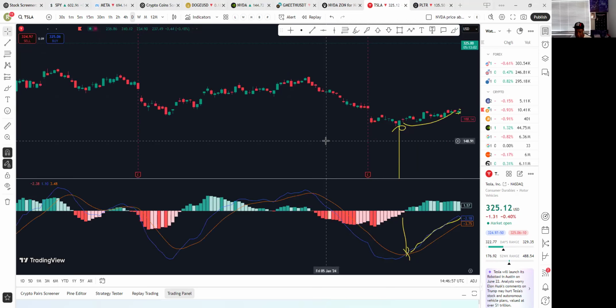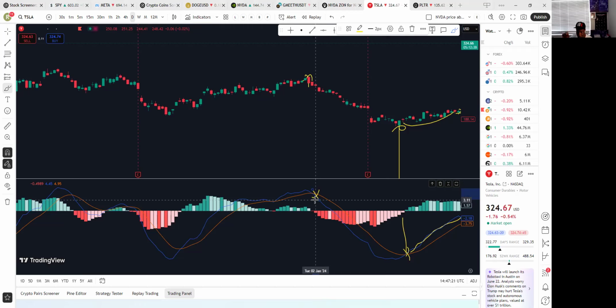Back there, the last thing, again, we have here the red line, and you got the orange line cross above the blue line. You use just those two lines always, the MACD line and the signal line. As soon as the MACD line crosses the signal line, the stock is bullish.